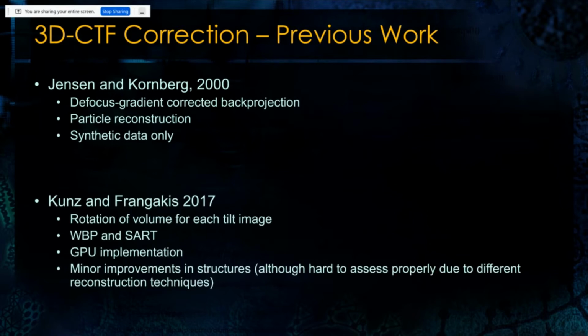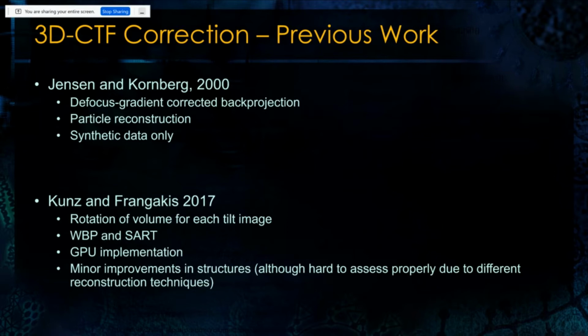A more recent one that came up in the same year was the one from Kunz and Achilleas Frangakis. They did something similar to what we do, but they used a different reconstruction technique, the iterative one called SART. They had a more complicated and computationally demanding reconstruction implementation, because they were rotating the whole volume, which is not very efficient.